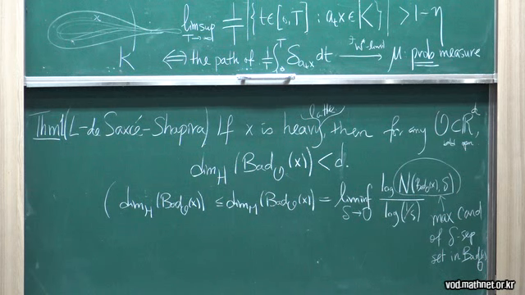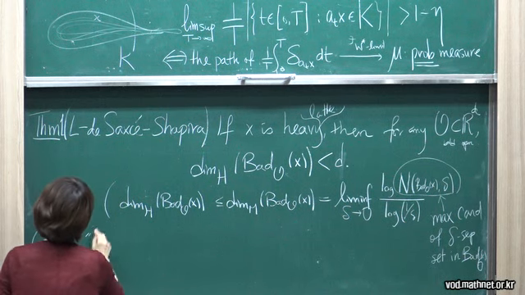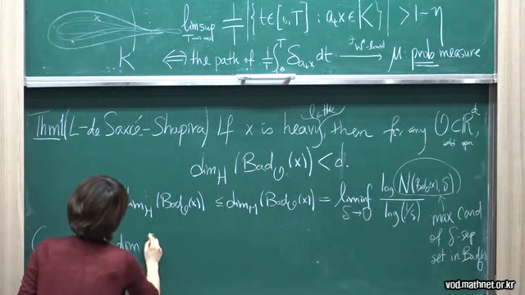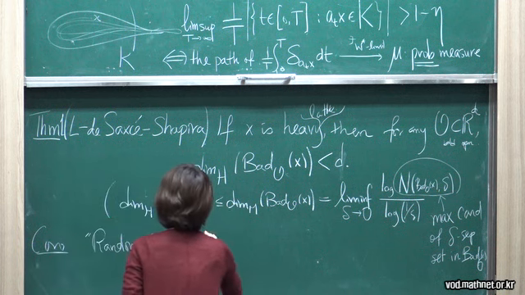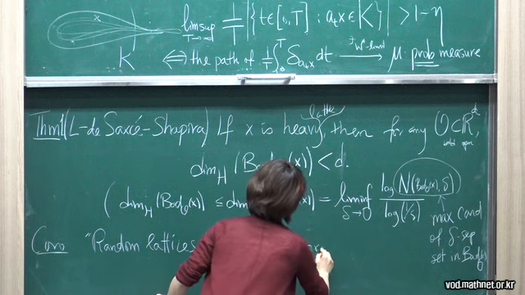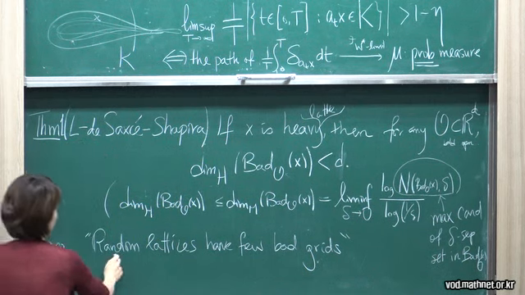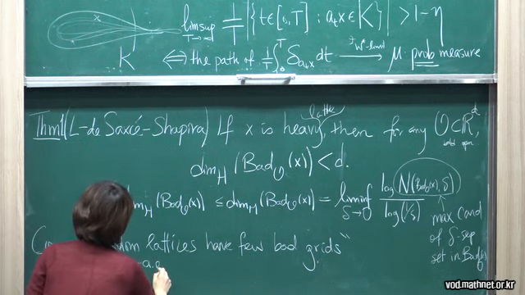In particular, it is true for random lattices, in the sense that if you take m_X almost every lattice. So, corollary: random lattices have few bad grids. This statement is true for random lattices in the sense of m_X, so m_X almost every lattice.